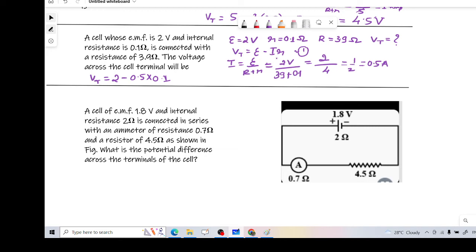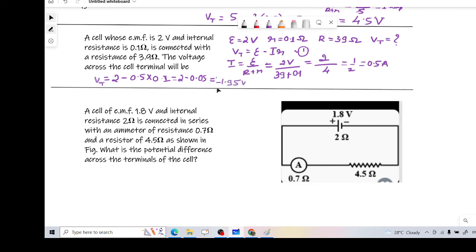So 2 minus 0.05 will give us 1.95 volt. So our Vt value is 1.95 volt.